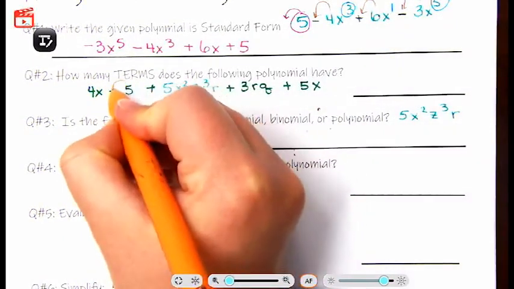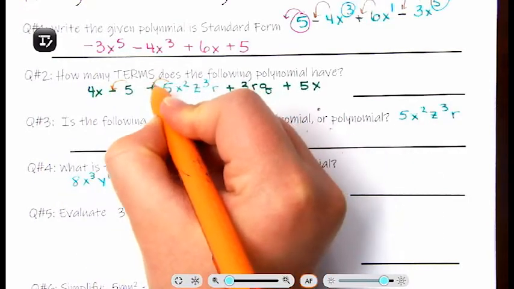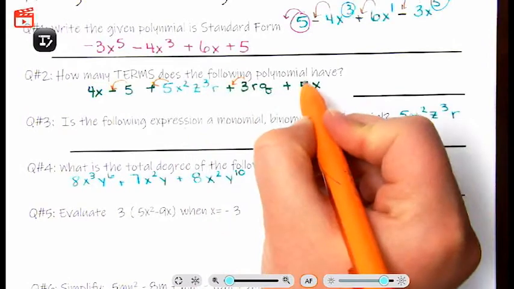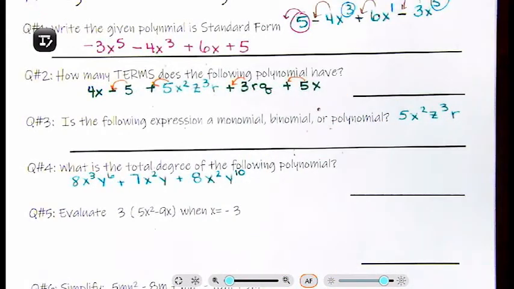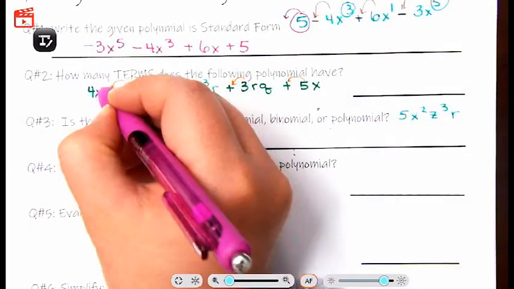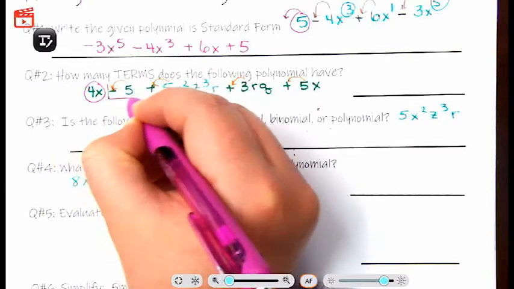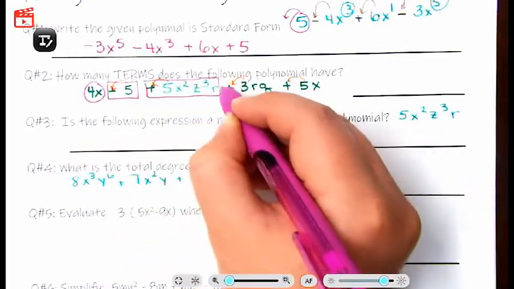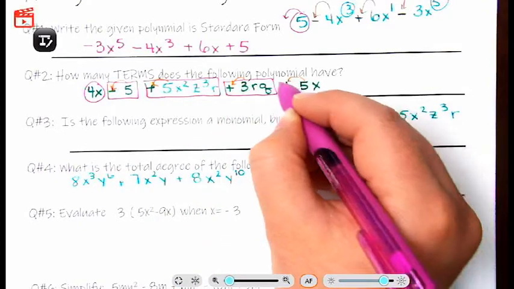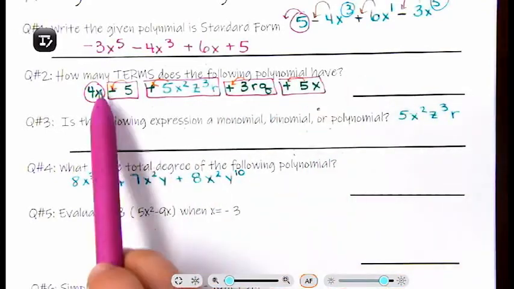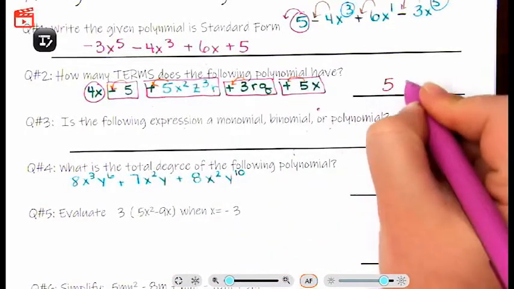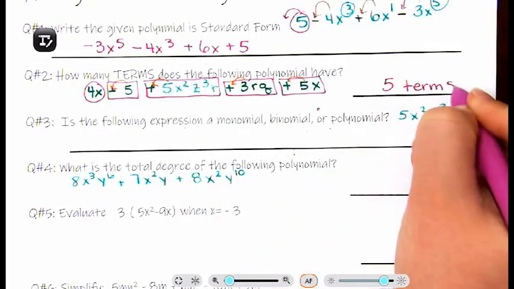So 5 is negative, 5x squared z cubed r is positive, and you're looking for these symbols in front. That is what they belong to. Now, every single term here is grouped together, being separated by pluses or minuses. So in this case, I have 1, 2, 3, 4, 5 groupings, so I have 5 terms.